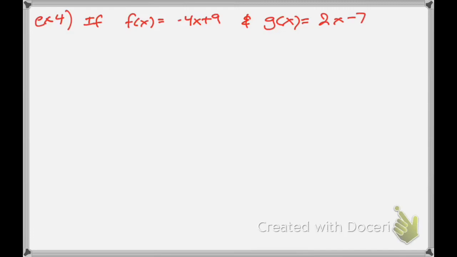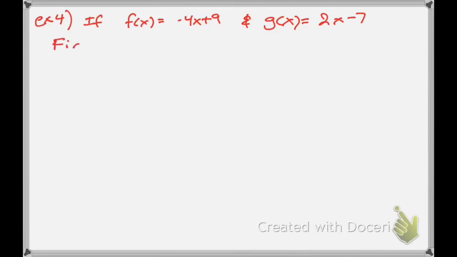Now, we can also solve for composite functions where we don't have any variables. So what this means is example 4. Let's say f of x is equal to negative 4x plus 9 and g of x is equal to 2x minus 7.